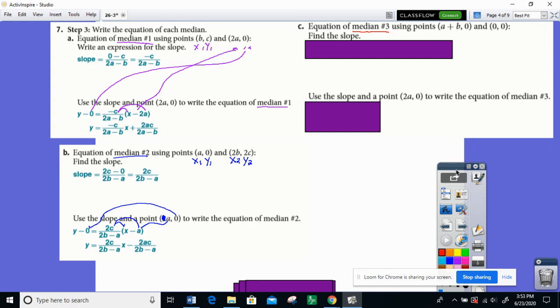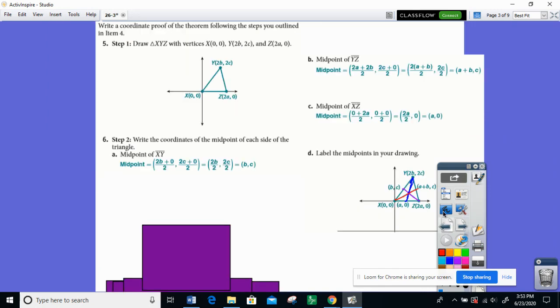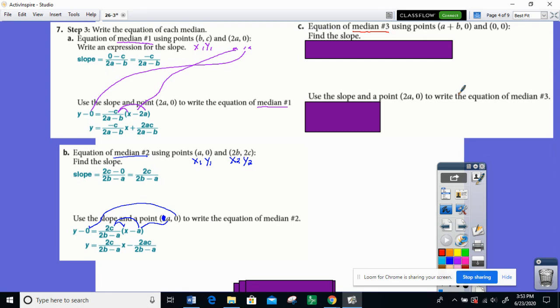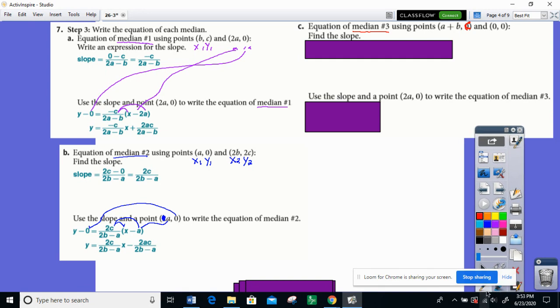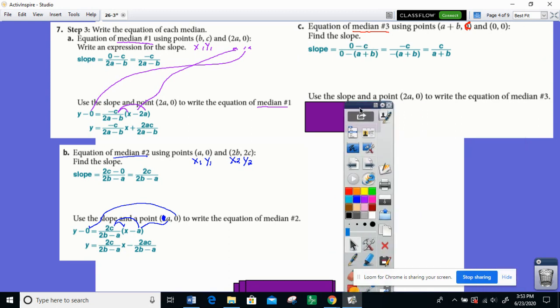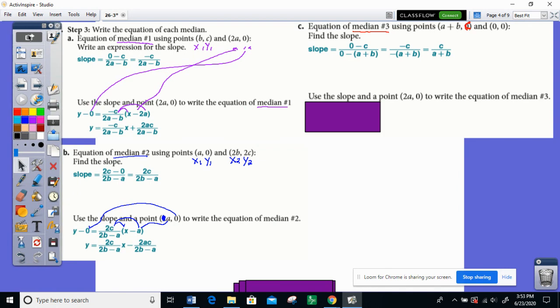And unfortunately, that should be, as you can see back here, a plus b, comma c. So we're going to change that to c. See, they put it correctly when they worked out the slope. So sorry about that. Textbook writers are people too, just like teachers are.